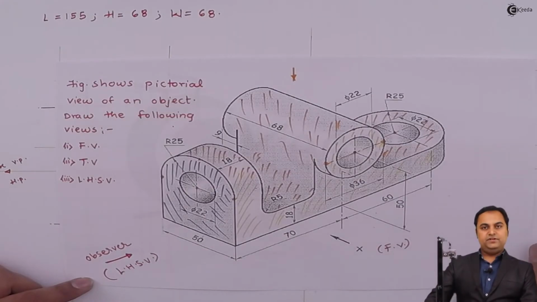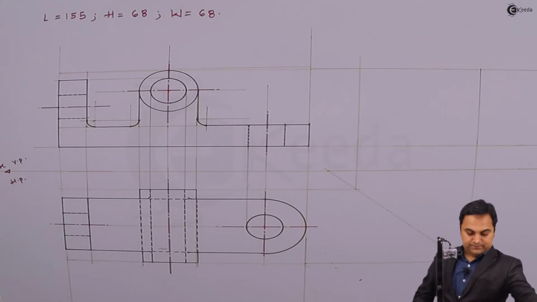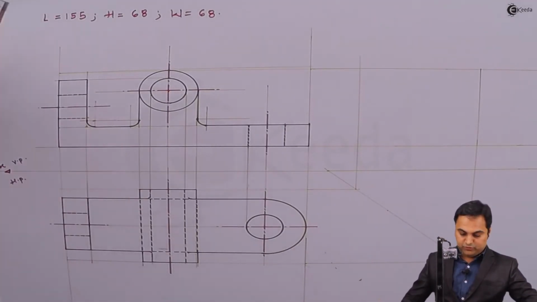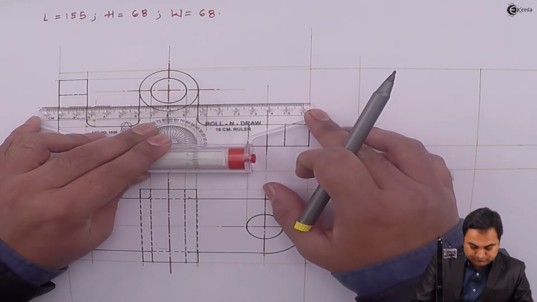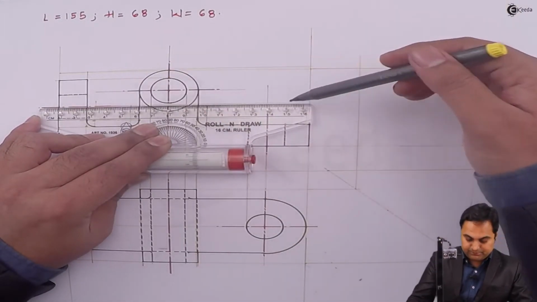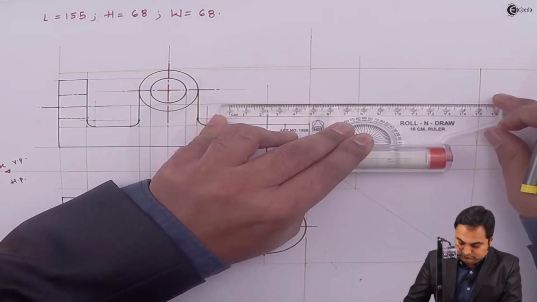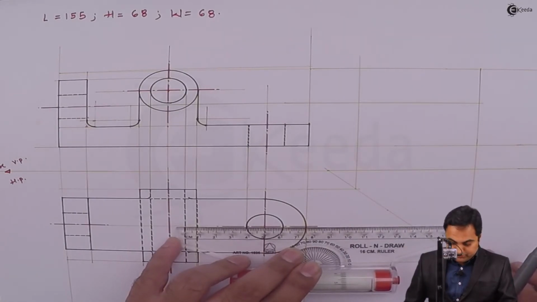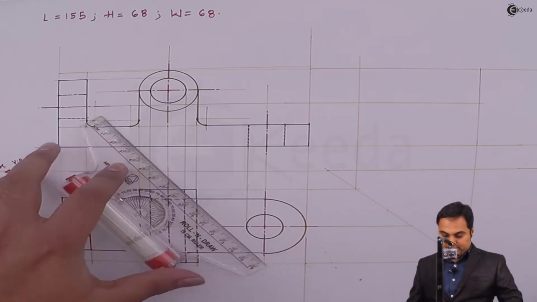So this surface needs to be drawn as it is, and for that I'll take the height of the center for the semicircular portion directly from the front view with the help of a light projection. Next, from the top view also I am going to take the center, and where both of them intersect, that will give me the center line.